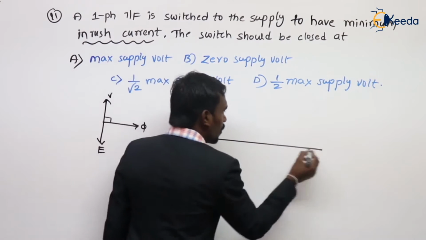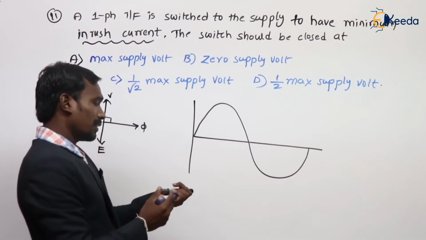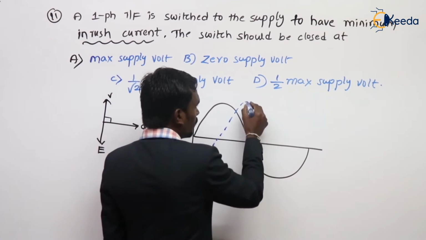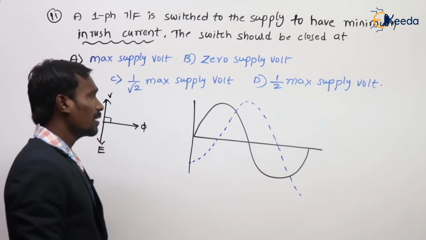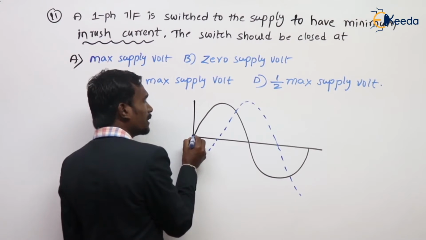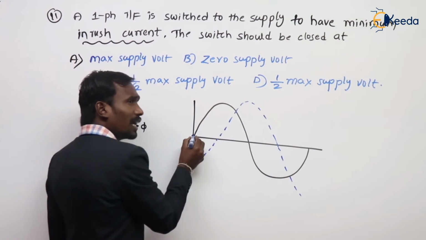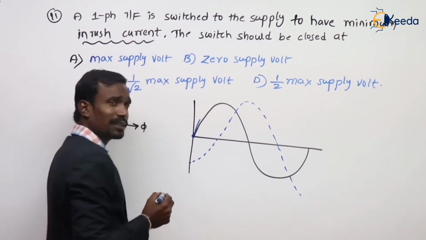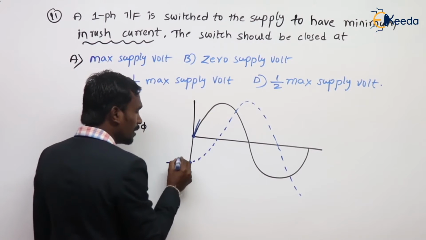For example, this is my supply voltage, then the flux should be like this. If the switch is closed at zero voltage condition, zero supply voltage, the flux is also zero, but the desirable flux is maximum.